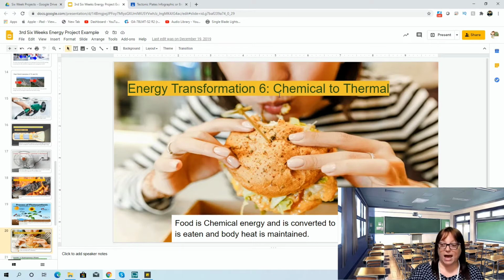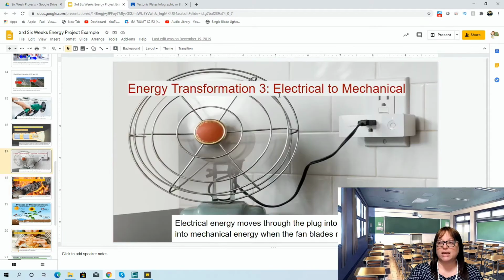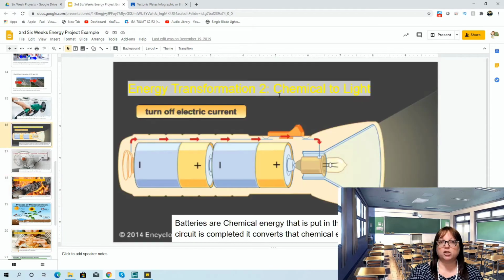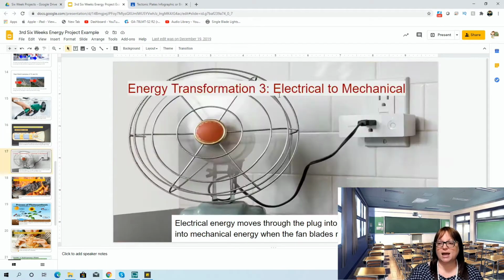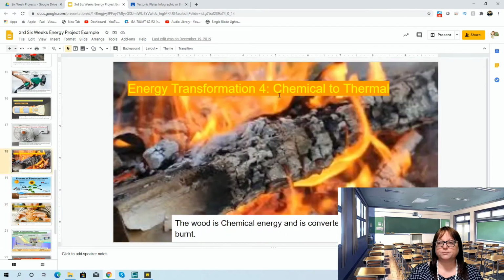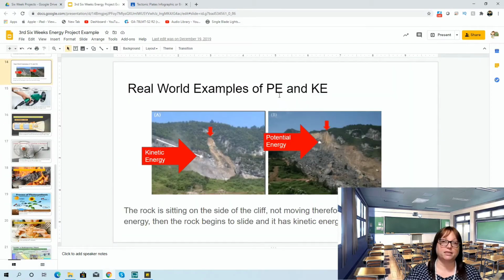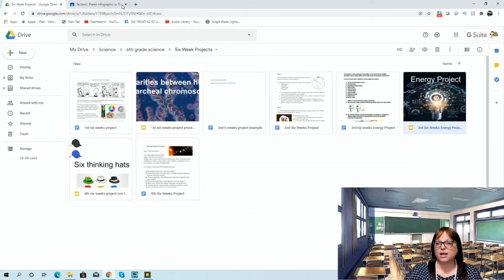And they're adding a description of what's going on, and they're adding what that type of transformation is. So they're getting that fluency in there, and they're looking at energy transformations just like we would in the classroom. So again, I have this that I've already made, and when it's at the 4-week mark, I put mine up. And I say, okay, mine is up, mine is ready. You can go look at mine if you're stuck.